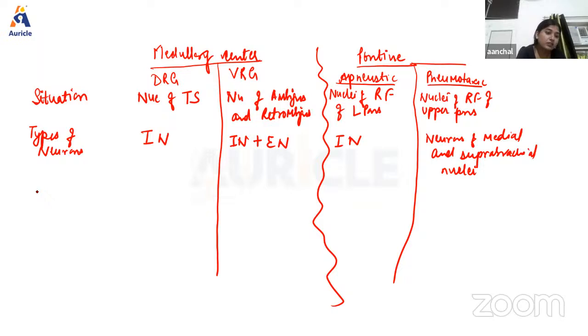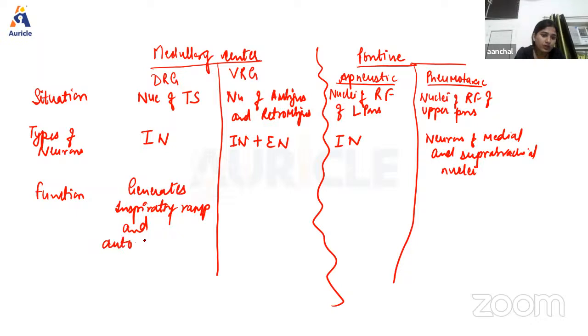As we have already discussed, in the medullary center, the DRG function is that it generates the inspiratory ramp, and also has autorhythmicity, and it remains always active.